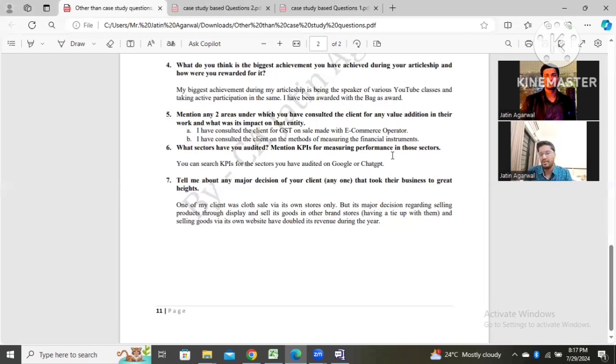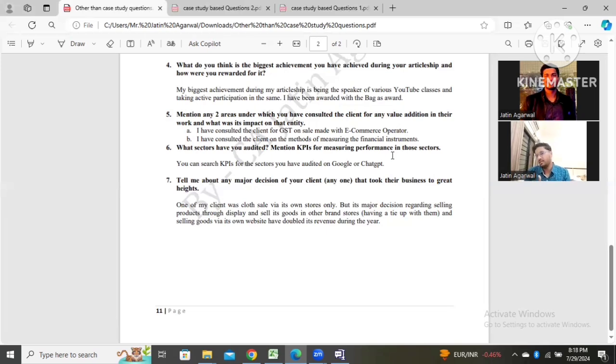This was my point, and the points can be yours. The second point is that I helped in identifying and correcting the methods of measuring financial instruments.